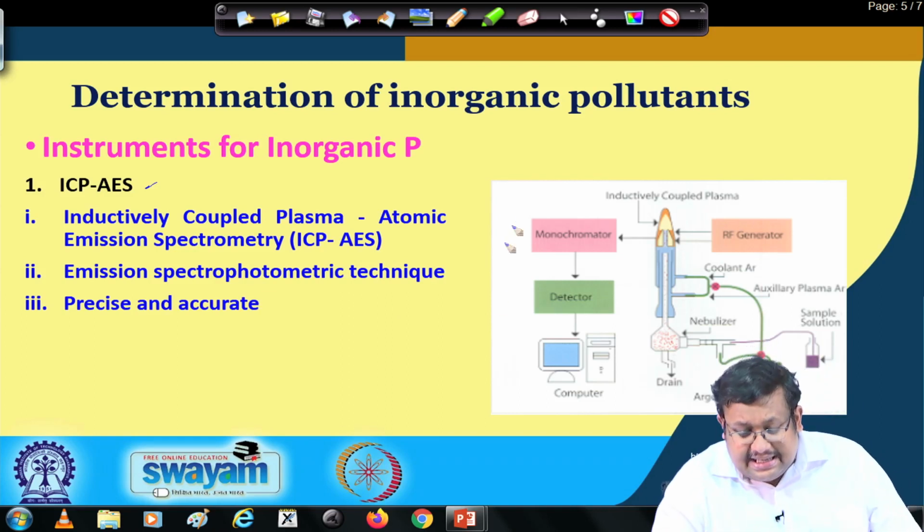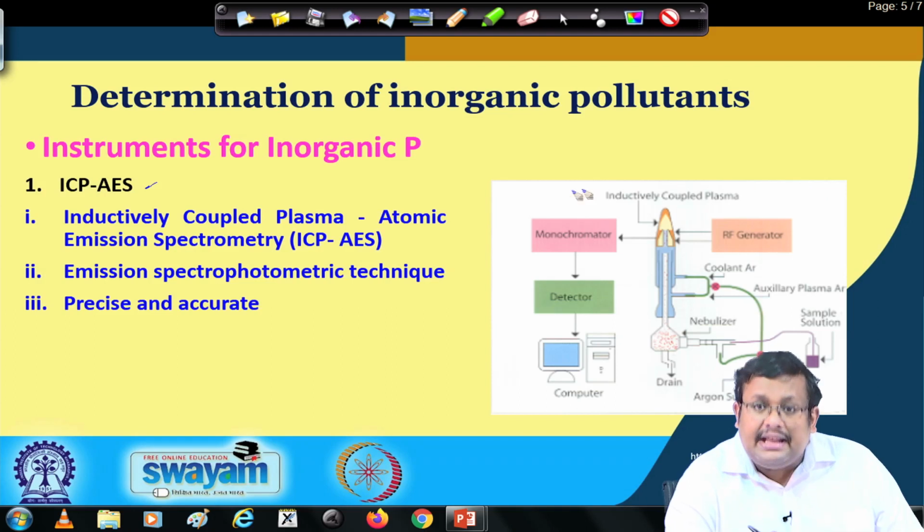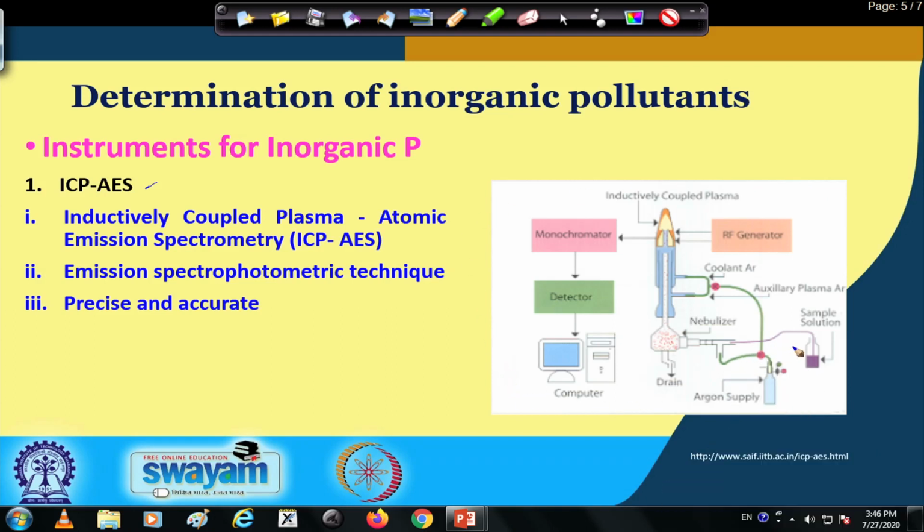So, this is basically the schematic of different components of the ICP-AES. Here the argon gas is supplied for generation of the plasma, and why plasma is required we will discuss. And also there is a nebulizer to help inject the samples into the plasma torch.